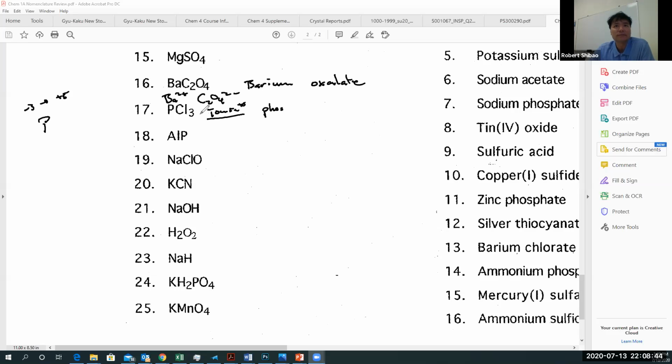In this case, we have 3 chlorides. Each chloride is -1, and that means phosphorus must be plus what? To balance out the charge. If I have 3 negative charges, then phosphorus must be 3 positive. And so one way of naming this is phosphorus, Roman numeral 3, chloride.